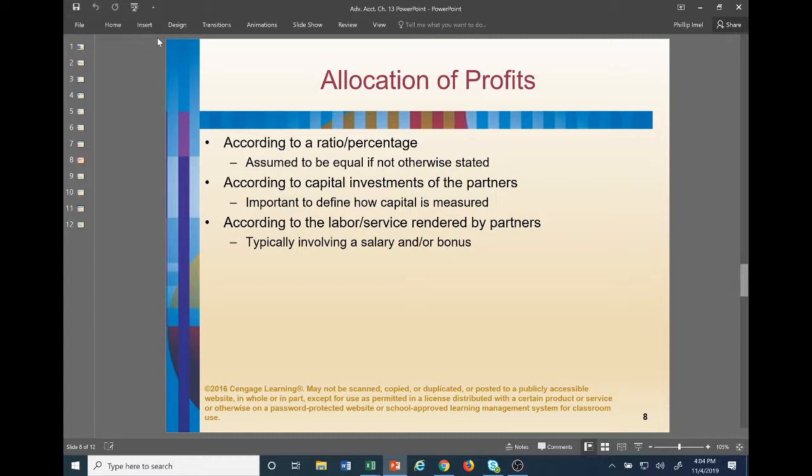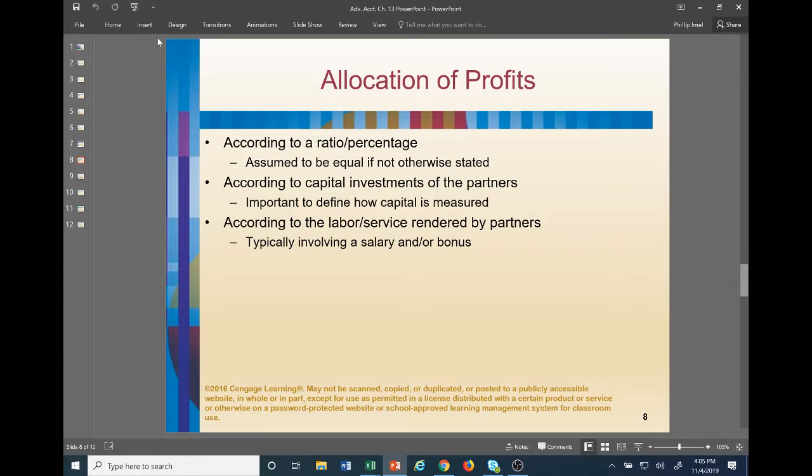The second is whether the amount of capital investment for allocation purposes is to be capital at the beginning of the accounting period, capital at the end of the accounting period, or weighted average capital during the accounting period. And the third thing of concern is the rate of interest to be imputed on the invested capital.